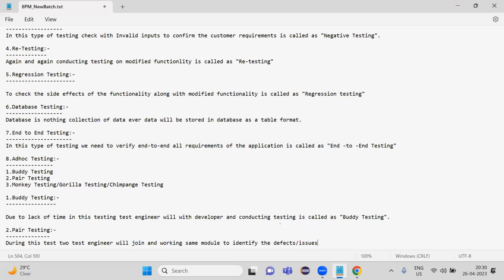Issues or bugs, any word is correct. Okay, we have different types of words. Clear?